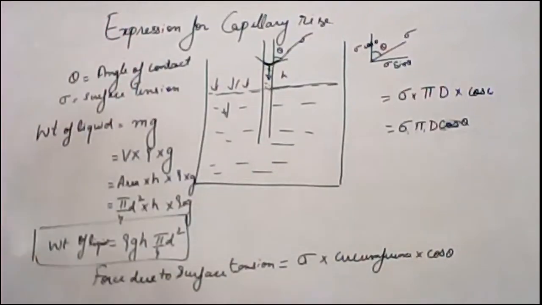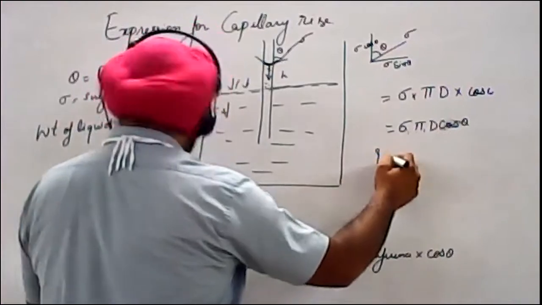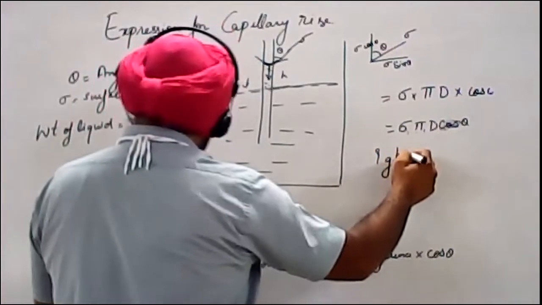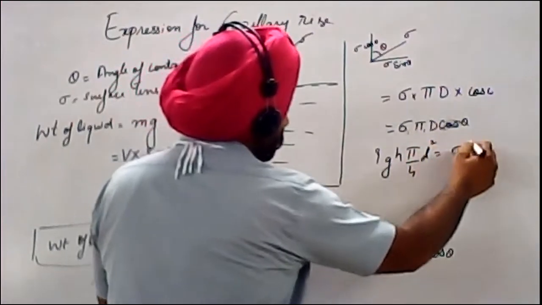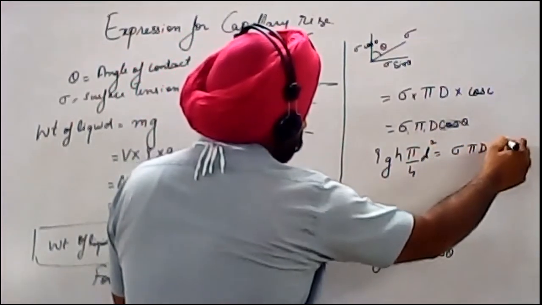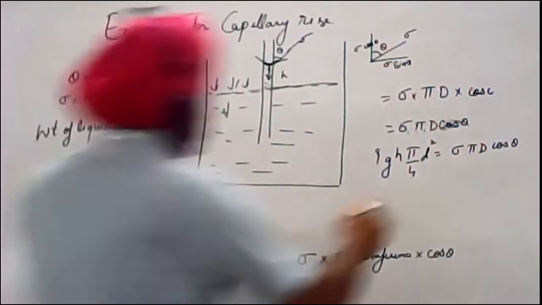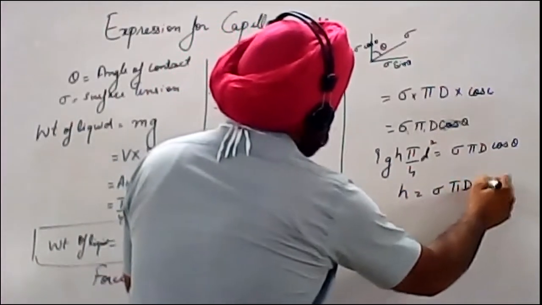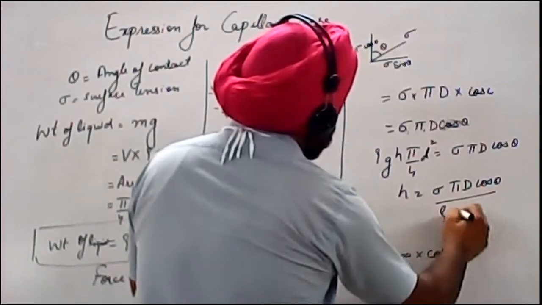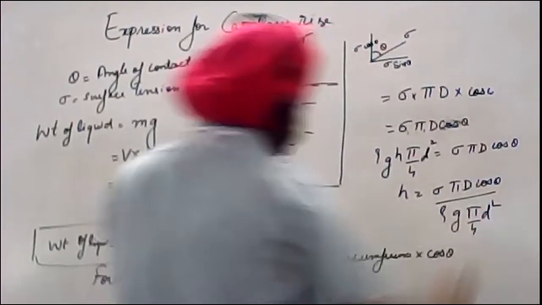These should be equal under equilibrium conditions, right? You compare these two values: rho g h pi d square by 4 should be equal to sigma pi d cos theta. You have to calculate h out of it. H is equal to sigma pi d cos theta divided by rho g pi by 4 d square, right?